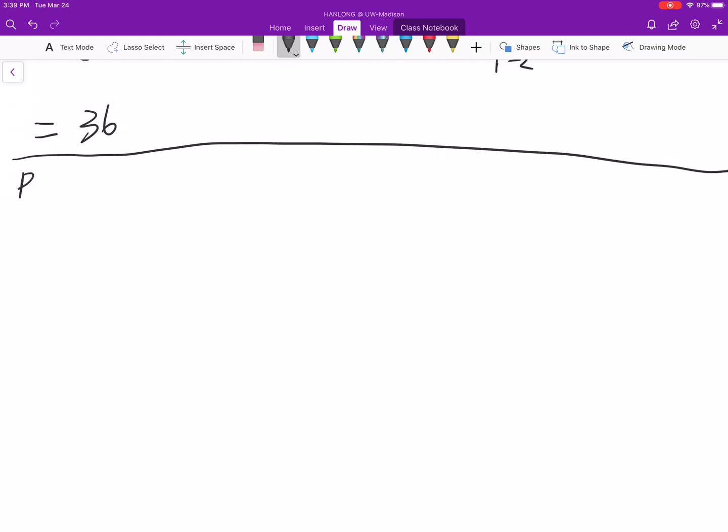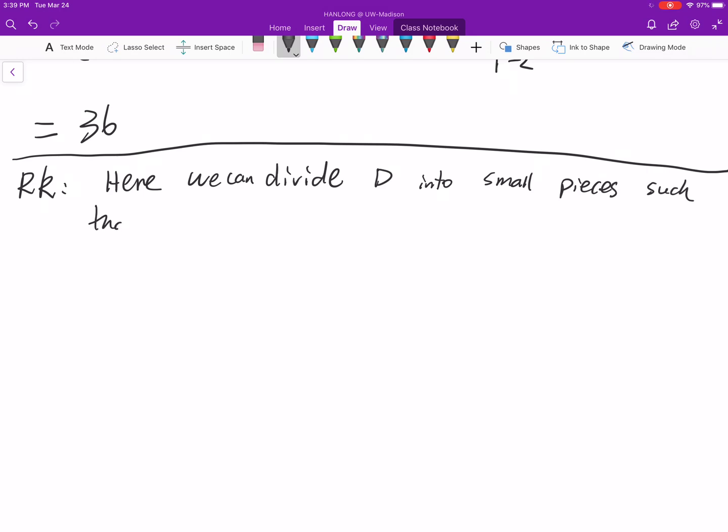Okay, so I would like to make a remark. So, as we said before, here we can divide D into small pieces such that each one is a type 1 domain.